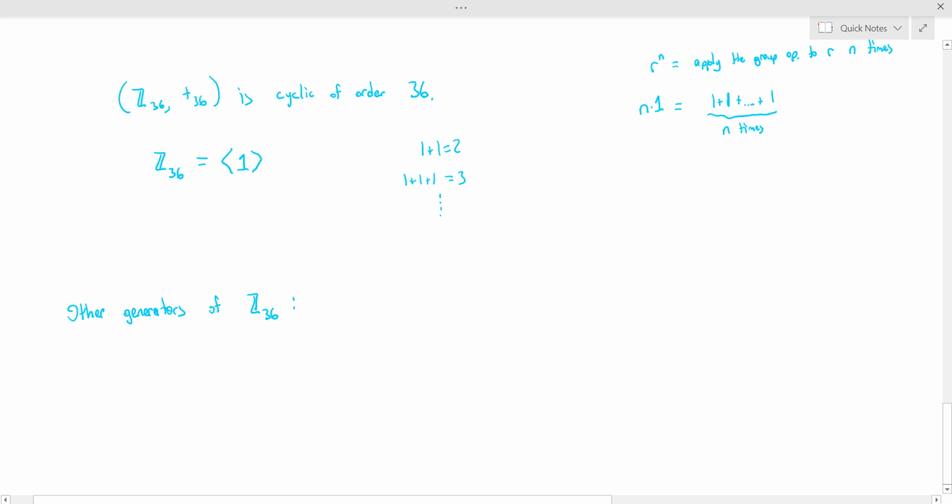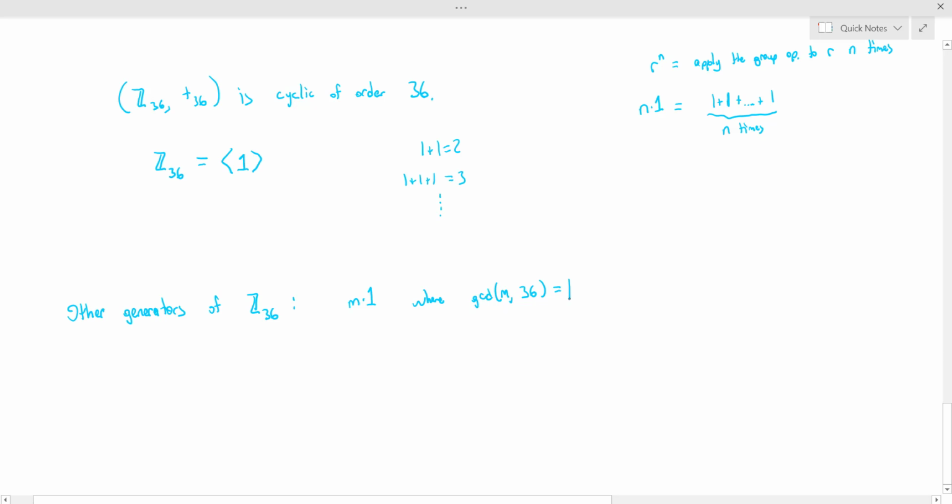So the other generators of this group Z36 would be the multiples m of generator 1, where m and n, 36, are relatively prime.